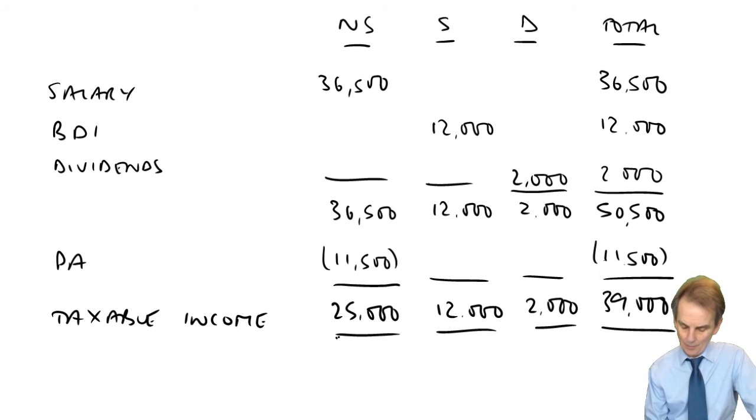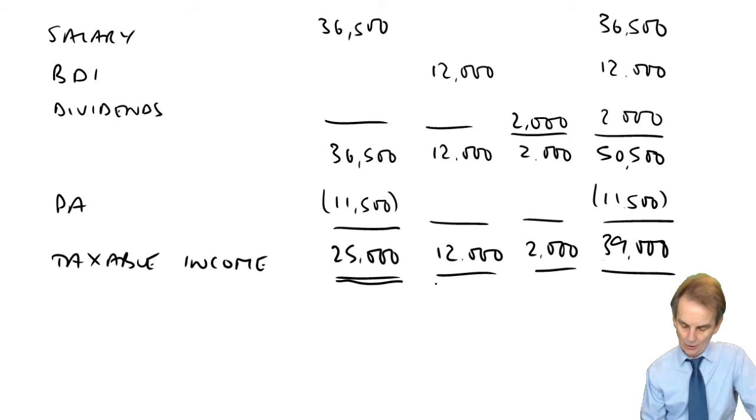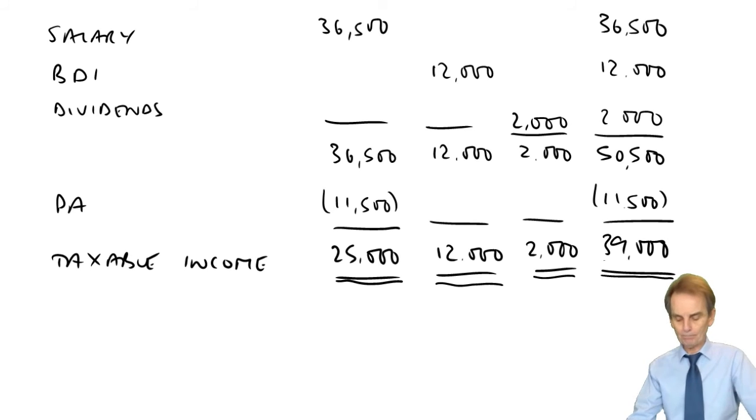Meaning that we end up hopefully with £25,000 worth of taxable non-savings income, the untouched £12,000 worth of savings income, and the equally untouched £2,000 worth of dividend income, totaling some £39,000 worth of taxable income. So at £39,000, that falls between the basic rate band limit of £33,500 and the higher rate band limit of £150,000. So the taxpayer is a higher rate taxpayer.